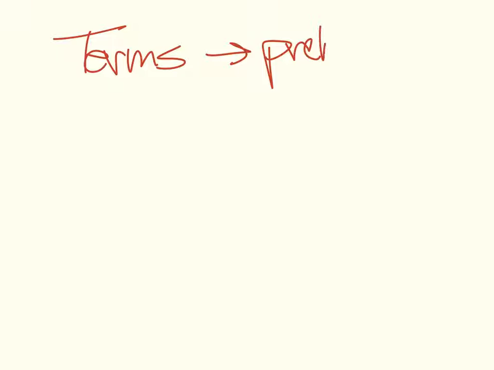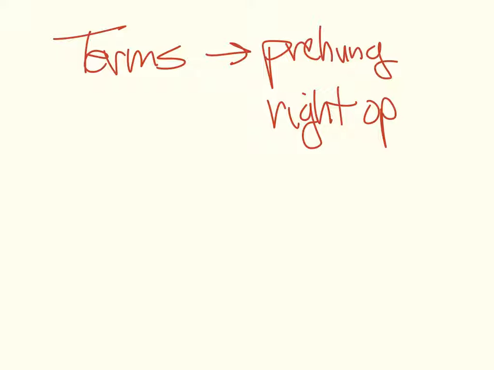Okay? What we're trying to do is to look at now, do you notice we have some terms that the student needs to know? The student needs to know pre-hung, right opening. And I know the construction guys taking the course are going, oh my gosh, Mike, you're all kind of goofy here.